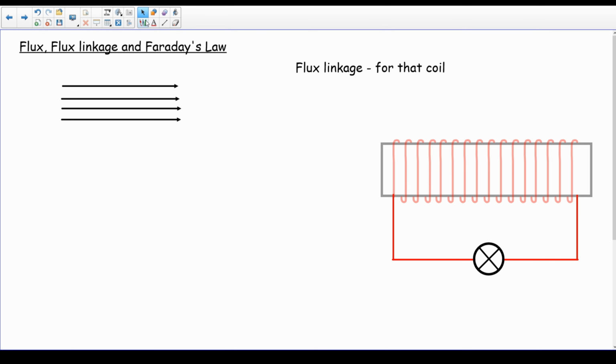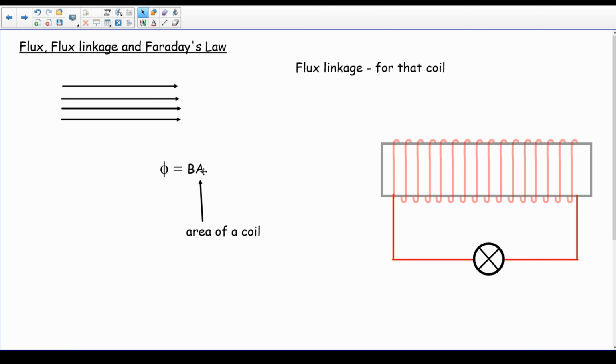Okay, the first thing we could do is we could actually apply some maths to it. We already know that the total amount of flux, phi, is equal to the magnetic field strength B multiplied by the area A, as a simple rearrangement of B equals phi over A. Because we know that B equals phi divided by A, we can write that phi, the total amount of flux, is equal to B multiplied by A, where in this case A would be the area of a single coil.